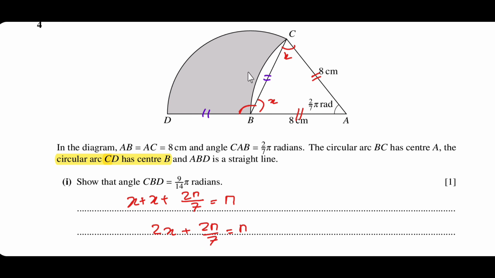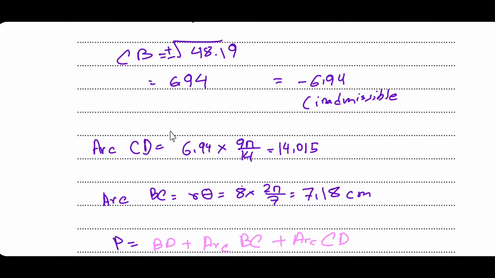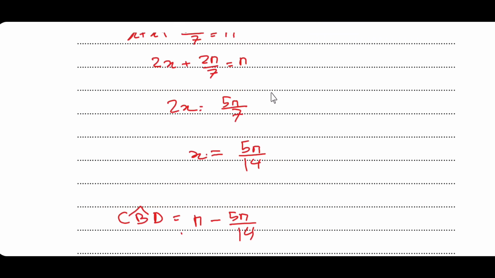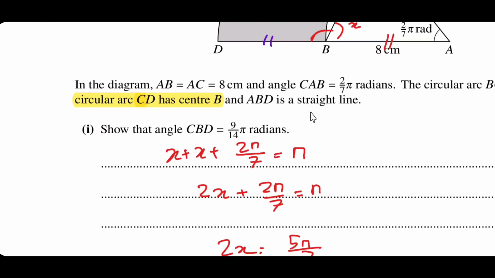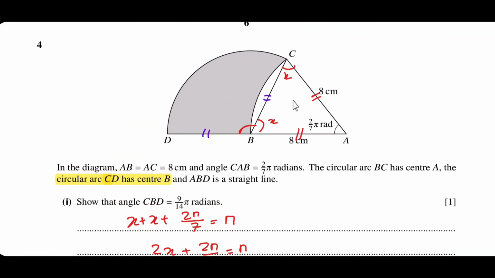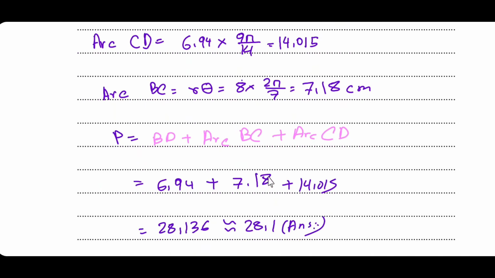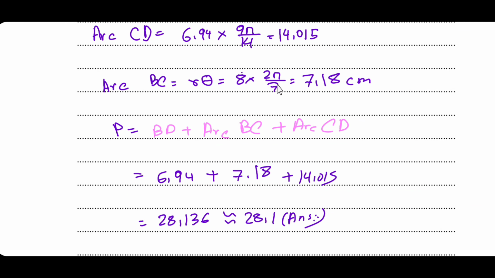The arc length is r theta, and arc CD comes to be 14.015. Then arc BC would also be r theta, where r is 8 and theta is 2 pi by 7. So arc BC is 8 into 2 pi by 7, that is 7.18.